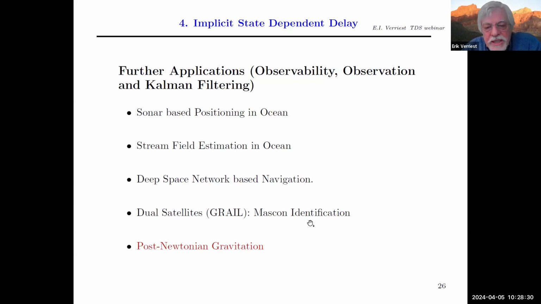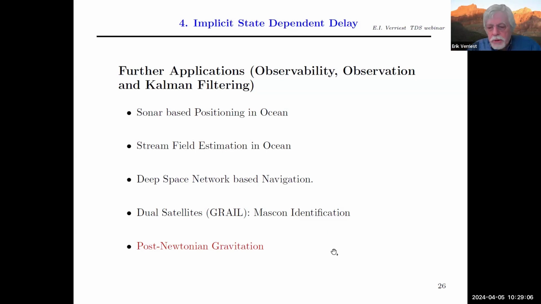And another example is the mass concentration identification on the moon in the GRAIL project. That's when two satellites were moving in the same orbit past each other. And if there's a mass concentration in between, that means that the first satellite will be somewhat slowed down and the second one sped up. So the distance between the two satellites gets smaller. And when they move away from the mass concentration, it gets larger again. So this was a way of identifying masses on the moon.